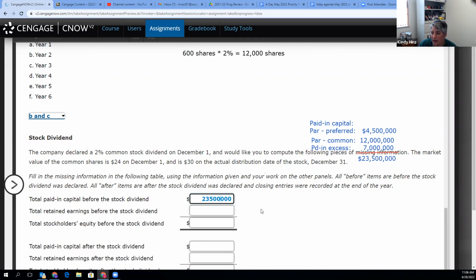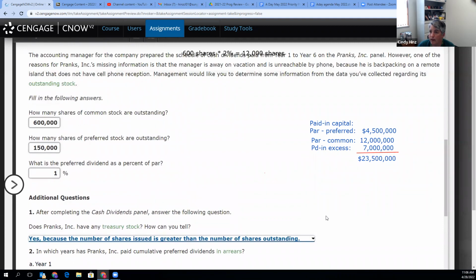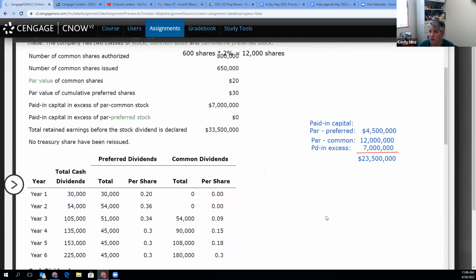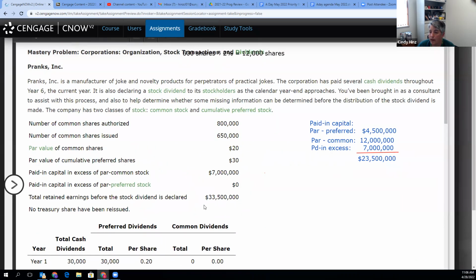It doesn't tell us how to deal with the treasury stock, but I'm going to assume that they subtracted that treasury stock from the paid in capital. And that's not how we normally would display it. But it doesn't give us enough information to have it as a separate line item.